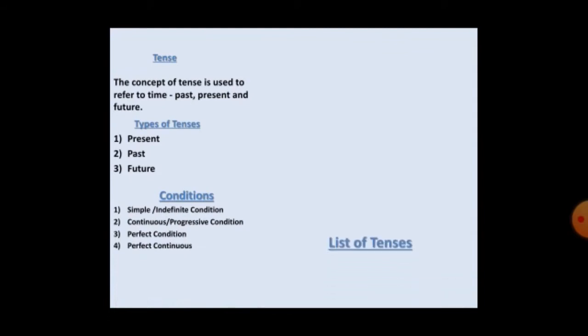In perfect condition we talk about an action that has already happened. And in perfect continuous we talk about partially complete actions.